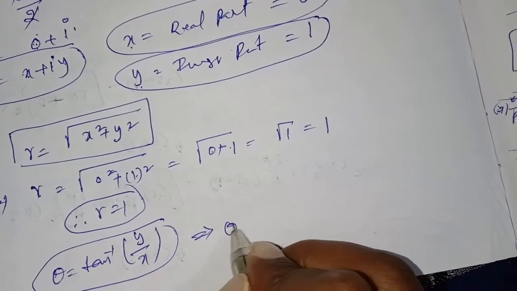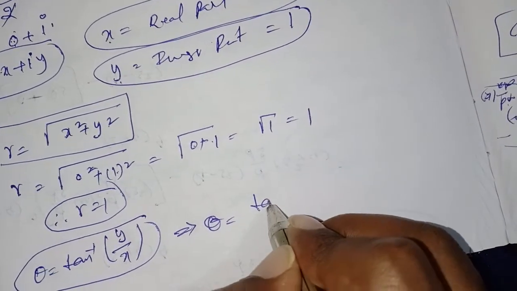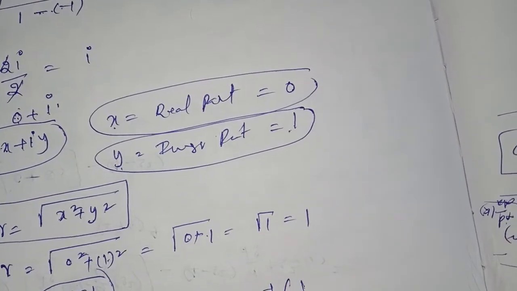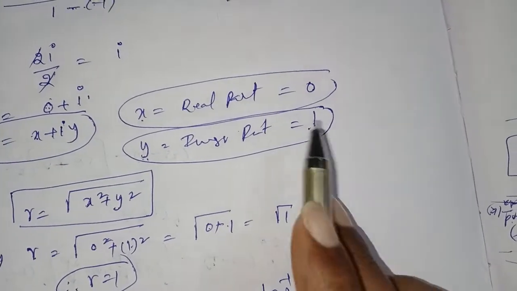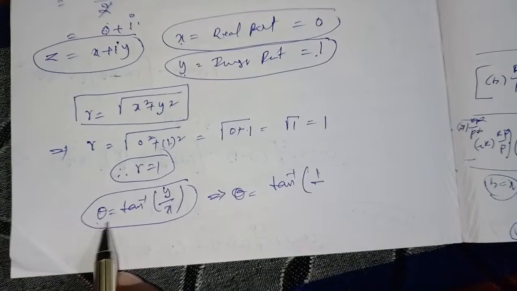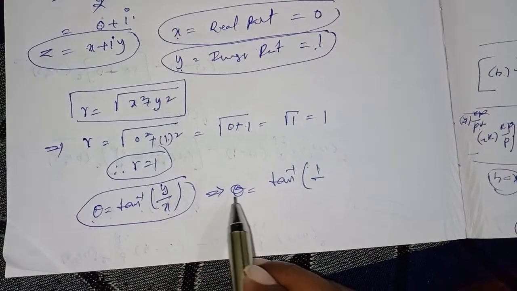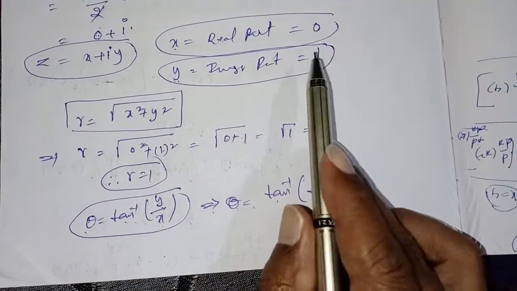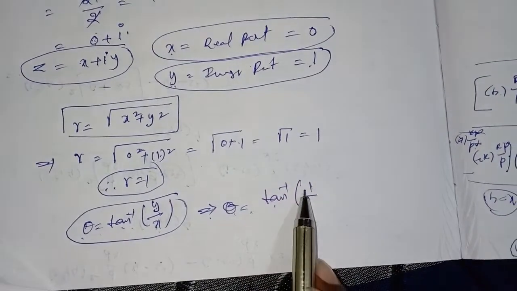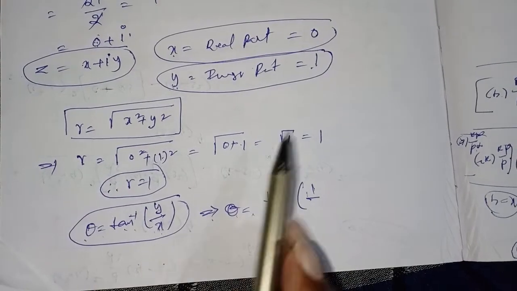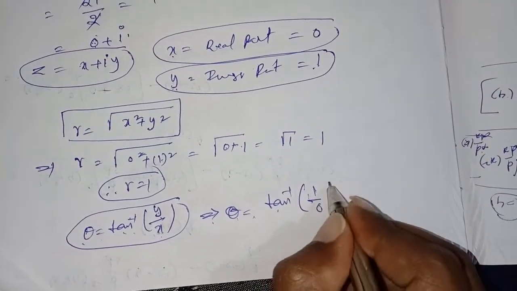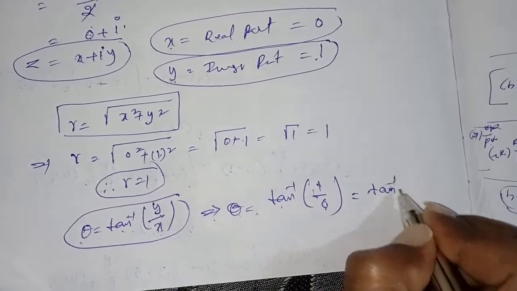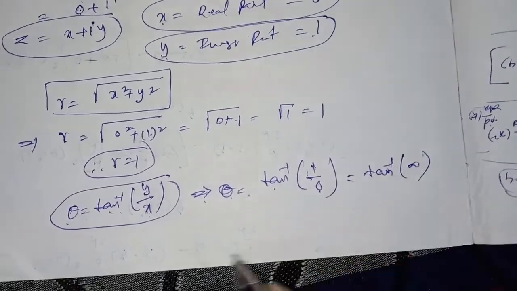The y value is 1 and the x value is 0, so theta is tan inverse of 1 by 0, which means tan inverse of infinity.